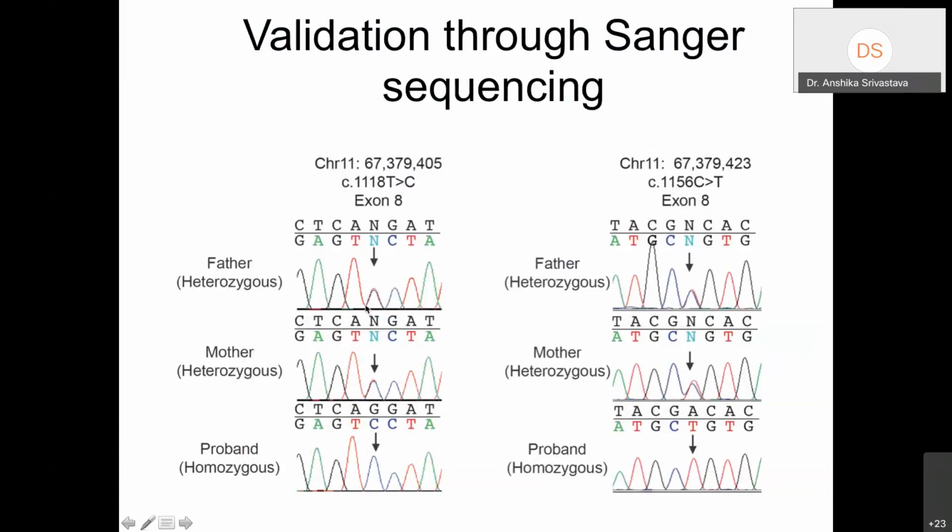Over here you can see two overlapping peaks: red is for T and blue is for C, whereas the proband was homozygous. Here you can see a clean C, which shows that the proband is carrying the homozygous allele.